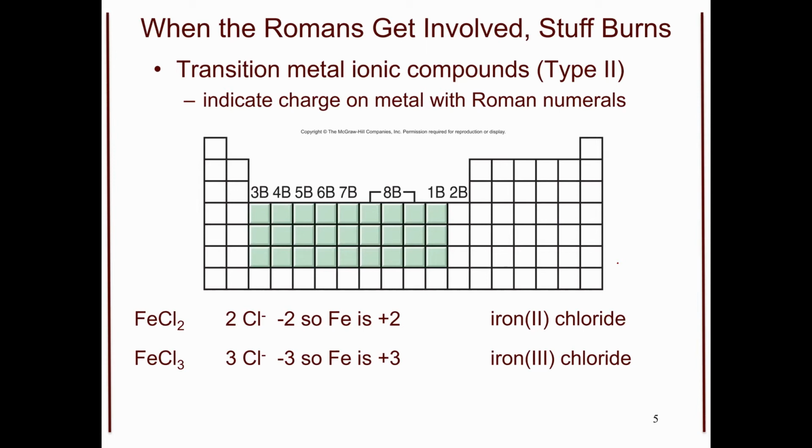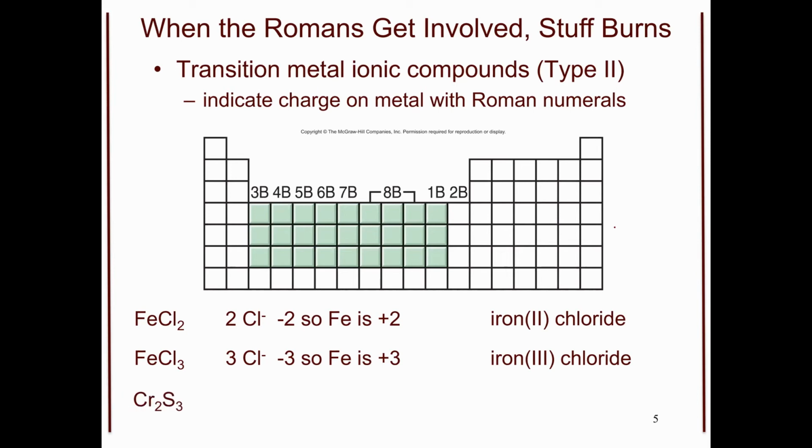That means you will never do this with the alkali metals, the alkali earth metals, or your zinc, cadmium, and silver because they only have one charge. However, if we're using any of the other transition metals and we use the likes of tin or lead, you must signify what the charge is on the metal based off of using a Roman numeral.